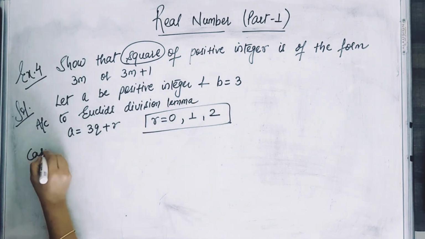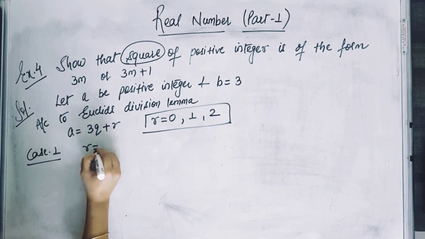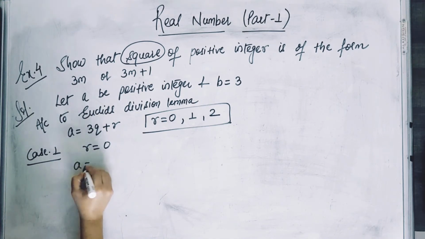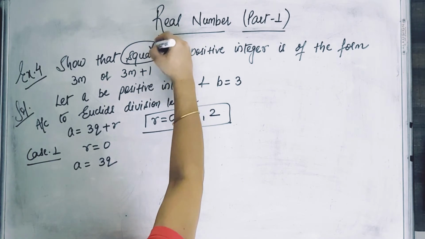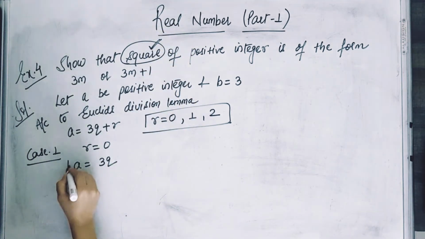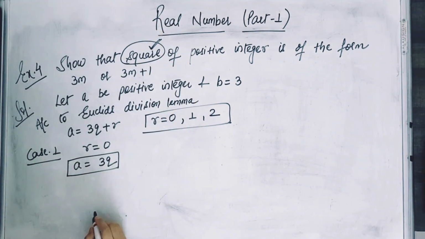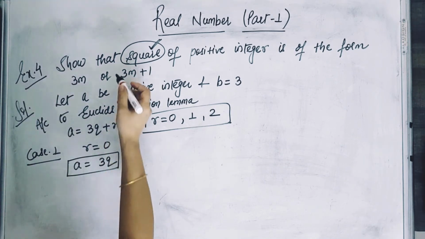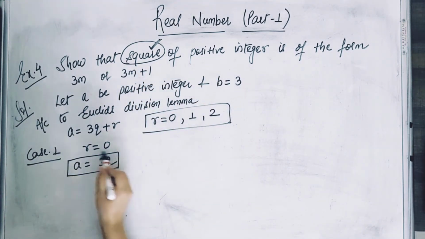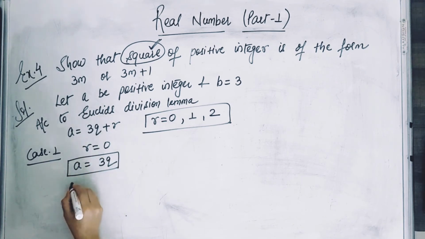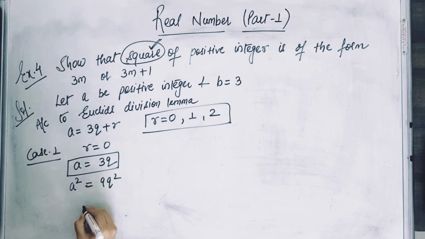Now we'll take case 1, when r is 0. So a will be 3q. Since in the question they have told square, we'll do the square of this integer. If in the question they mention cube of a positive integer, then we have to do the cube here. So on squaring, a square will be 9q square.